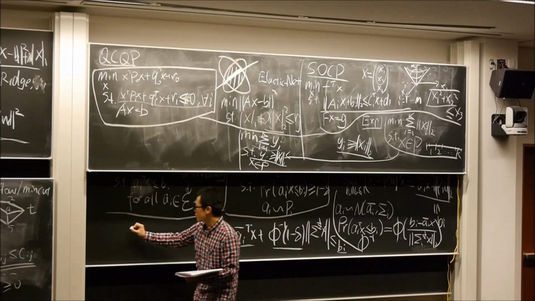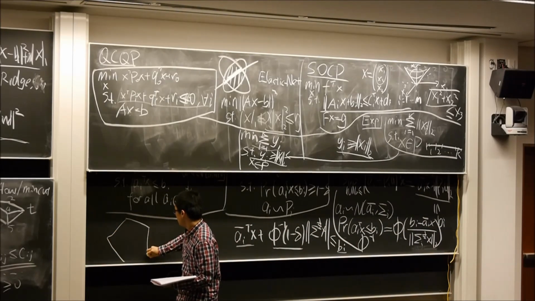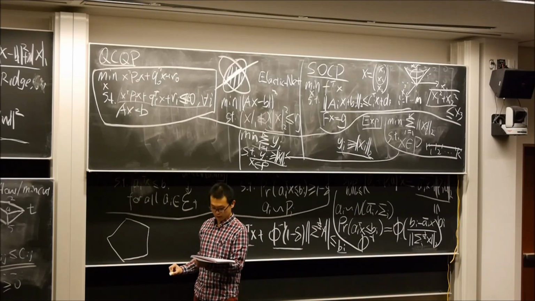So let me just draw this visually. Suppose this is a polytope of all the feasible solutions.